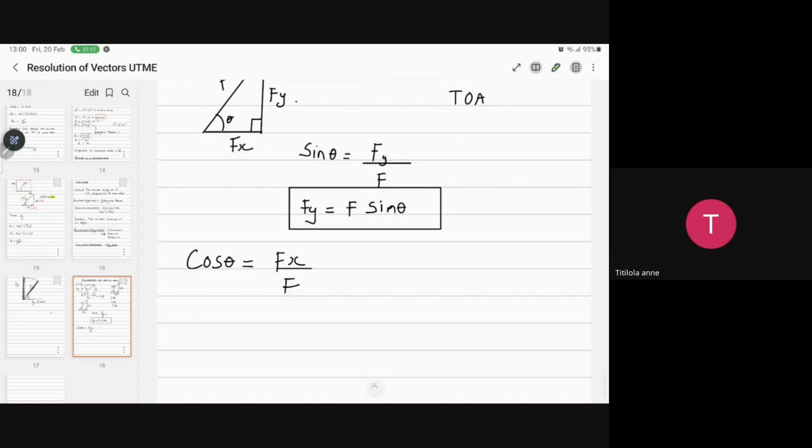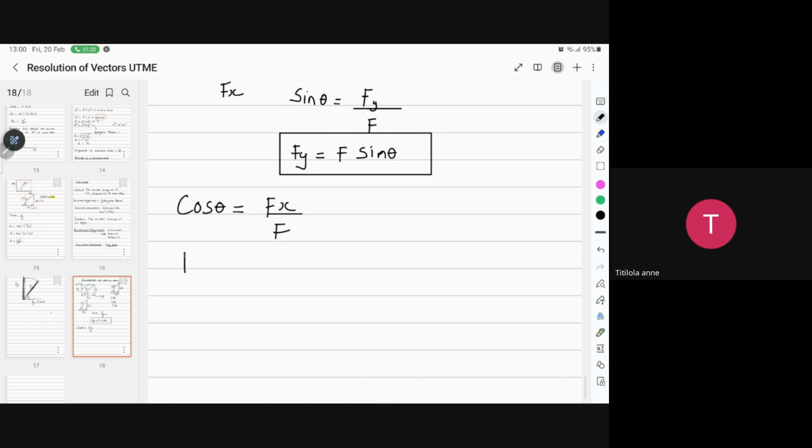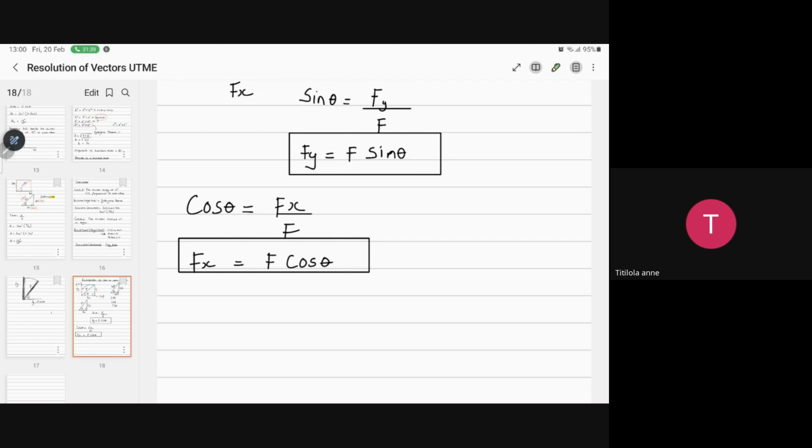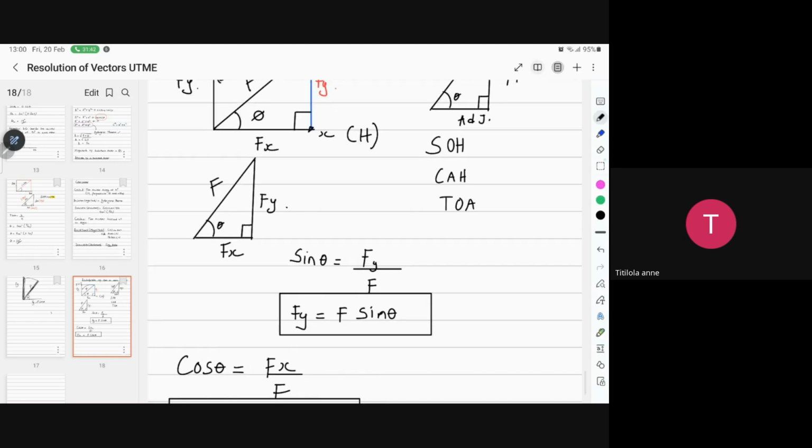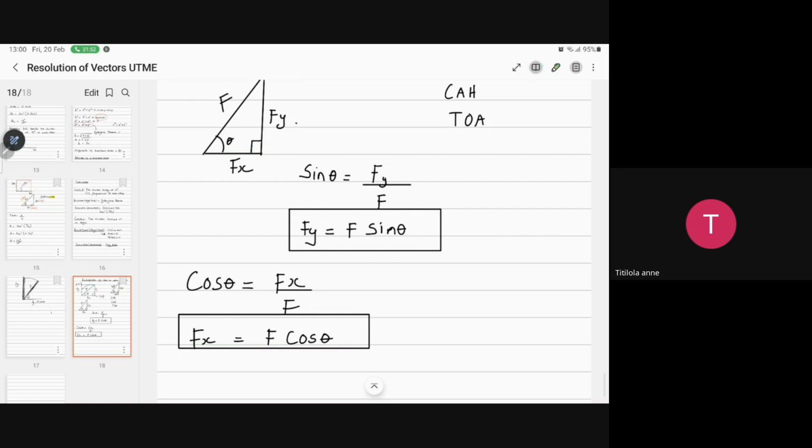So when I resolve that force, I'm going to have that Fx is equal to F cos theta. Do you see the magic there? So what I will do to get the vertical component of this force inclined at an angle is F sine theta, and what I will do to get the horizontal component is F cos theta.